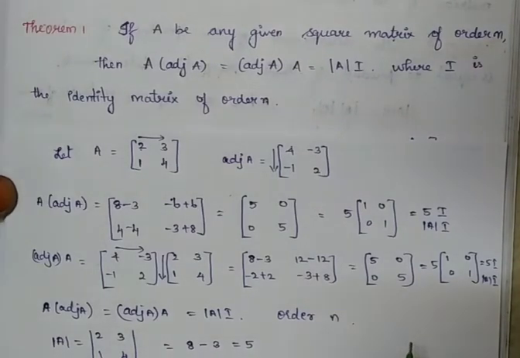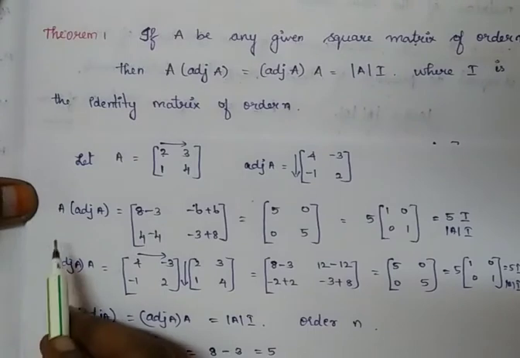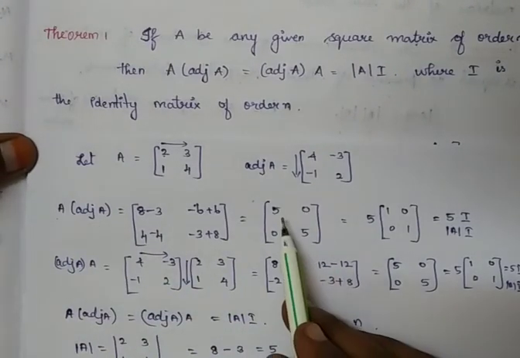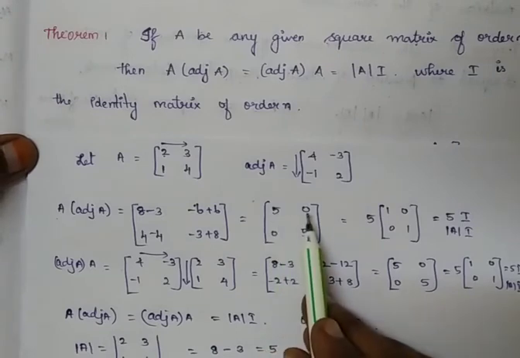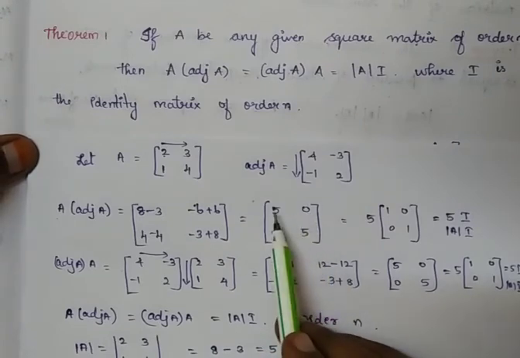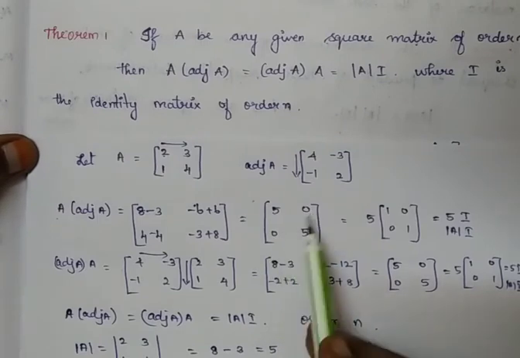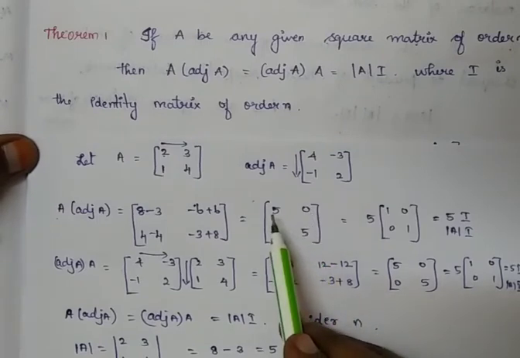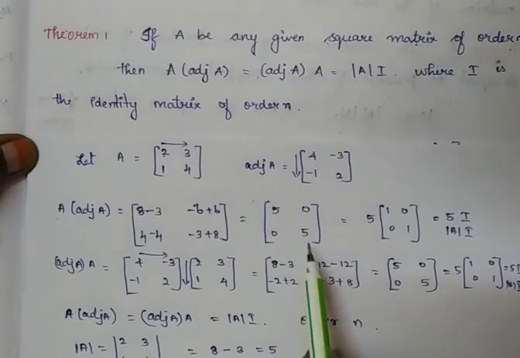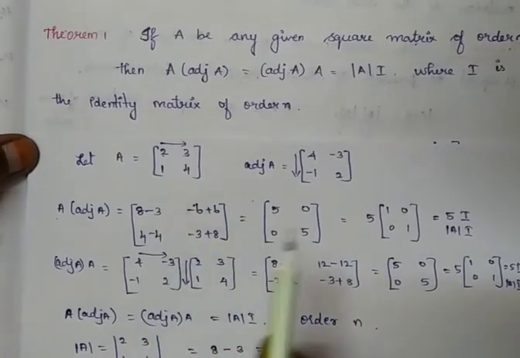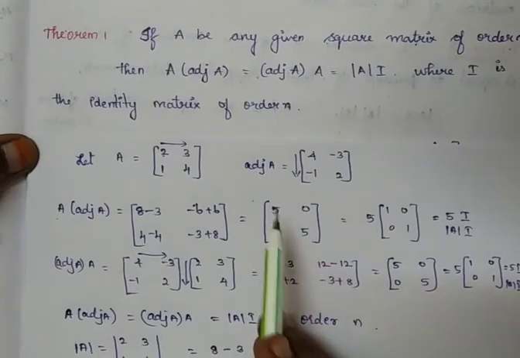Now what we have to see clearly here is, when I multiply A into adjoint A, I got the value 5 0 0 5. The leading diagonal elements are there, and the remaining elements I got as 0. The leading diagonal elements have the value determinant of A. For 2 cross 2, I got 5 and 5.